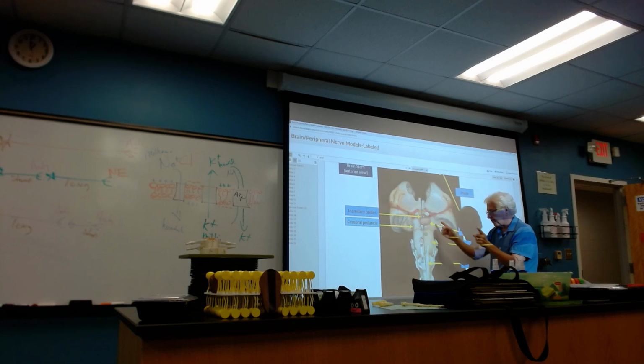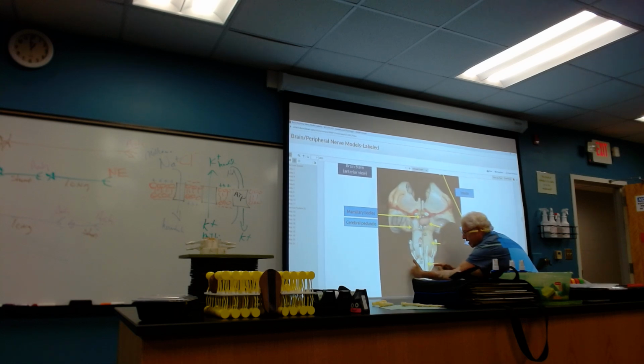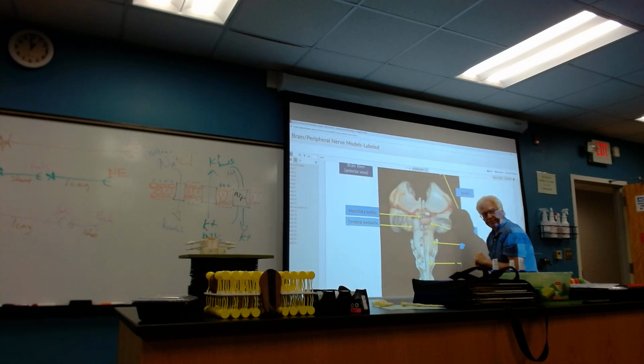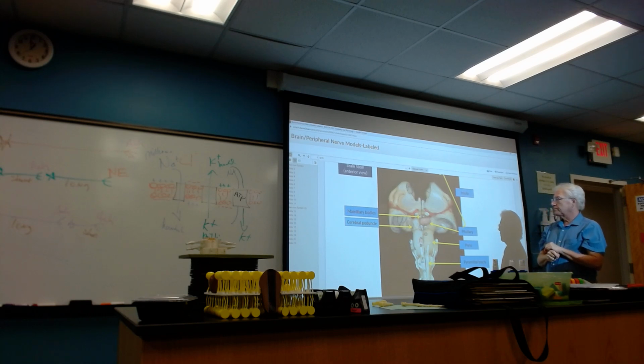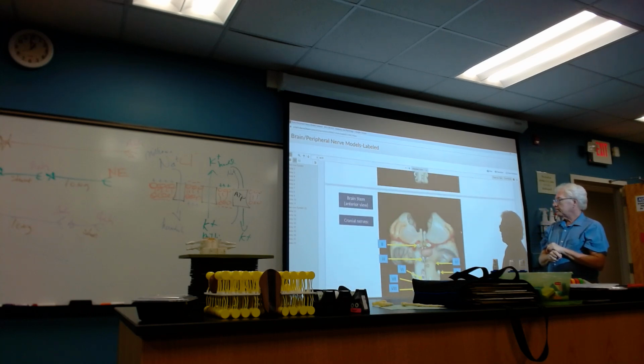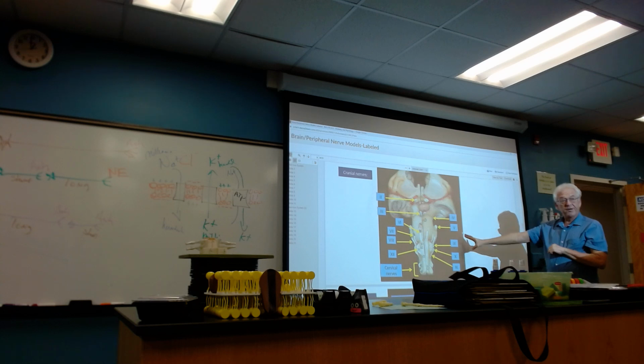Remember, we drew them on the board. Then you got 9, 10, 11, and 12 in the front. Okay? All right. And there we are, just numbering the cranial nerves. Because like I said, if I put all of it in one picture, your mind would be blown. Too many things. Alrighty?